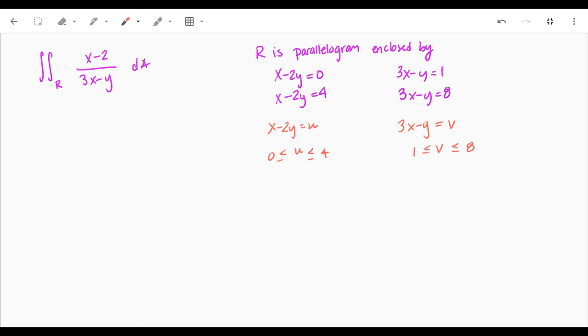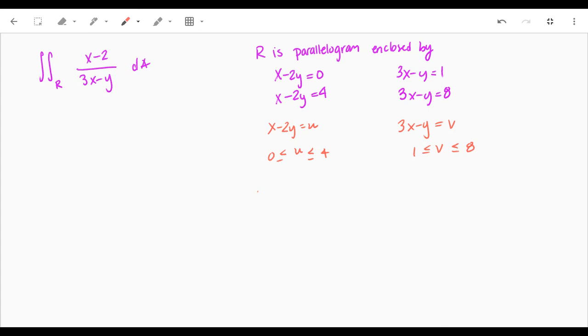That also helps because look at your substitution, but anyways, we'll get there. Then your Jacobian. We do need to get y in terms of u and v and x in terms of u and v.